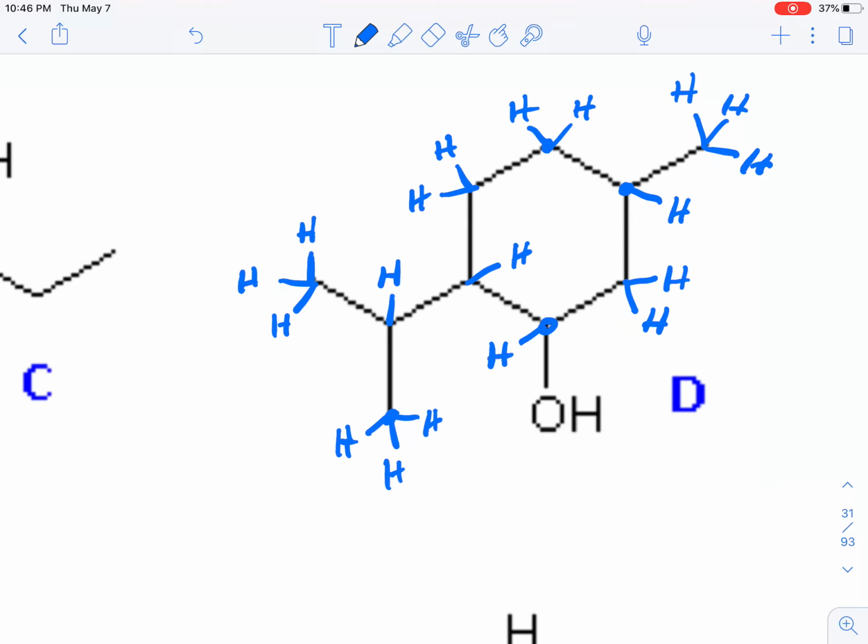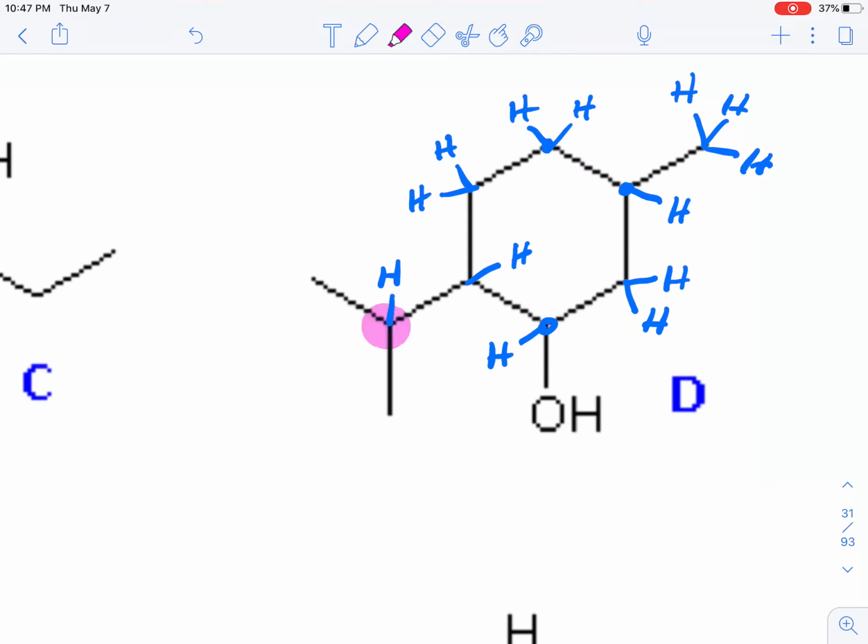All right, what I'm going to do is start erasing carbons that are achiral. Once again, if a carbon has 2 or more of the same substituent attached to it, then it's going to be achiral. So this carbon is achiral. This carbon is achiral.